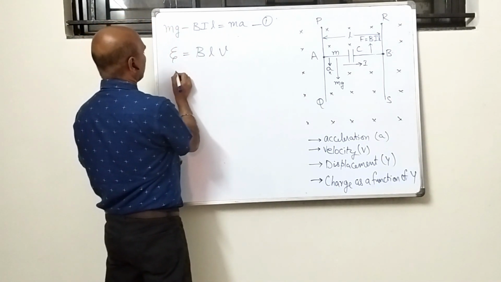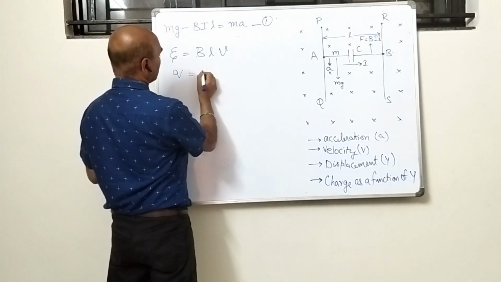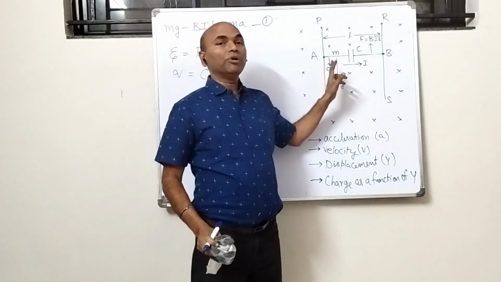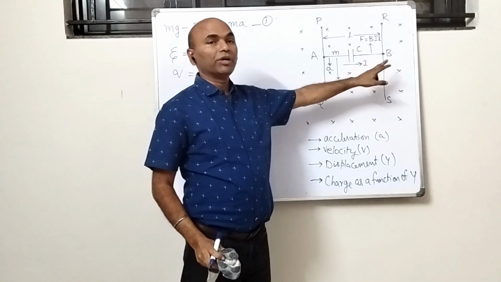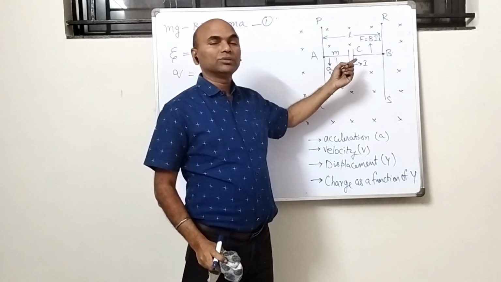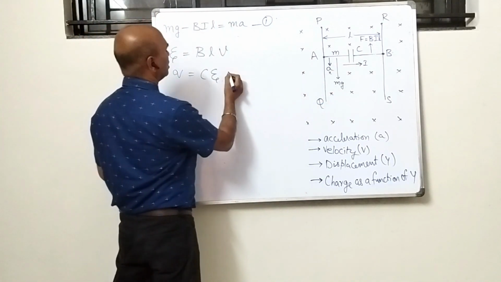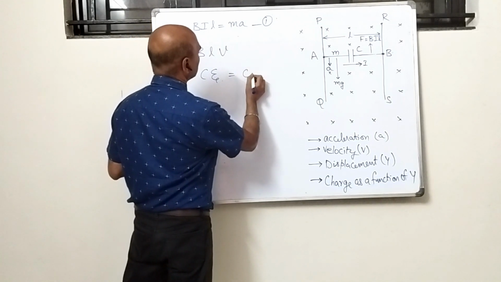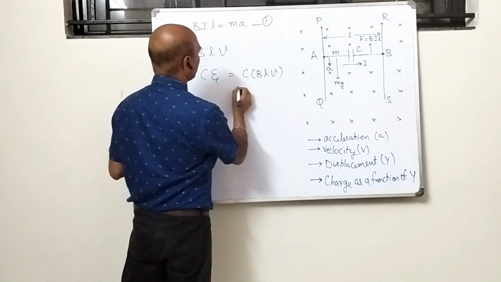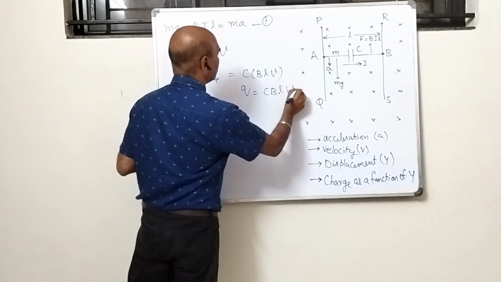The charge on the capacitor would be Q is equal to CE, because the EMF developed between the two ends would now try to charge the capacitor. So Q is equal to C into BLV, so finally Q is equal to CBL into V.